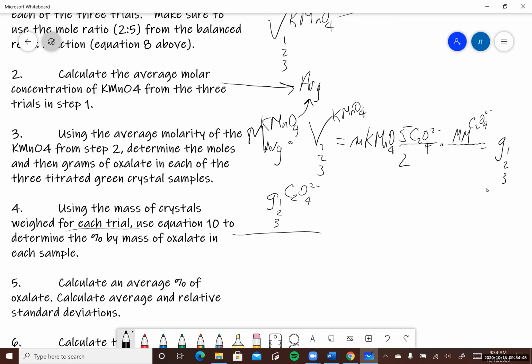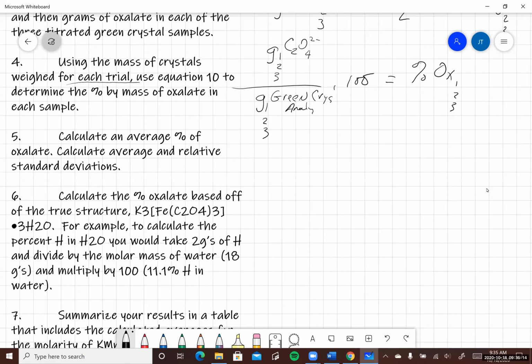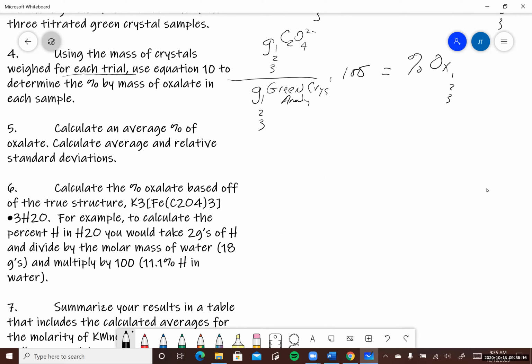So all I need to do is divide that by the samples of green crystals that were analyzed in each of the 3 cases, and then I multiply that by 100, and that's going to give me the percent oxalate 3 times. So that's, I think, a pretty good hint towards how to accomplish number 4.